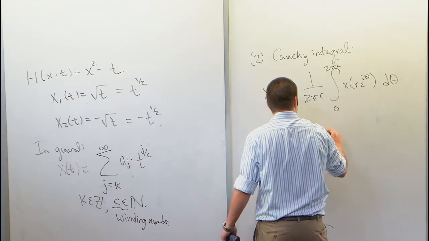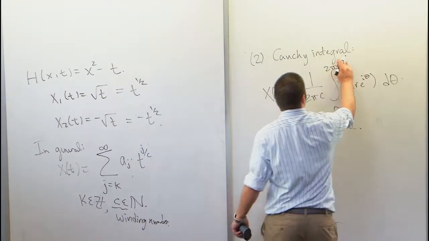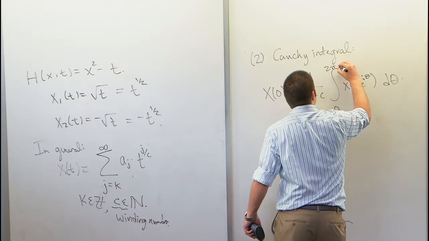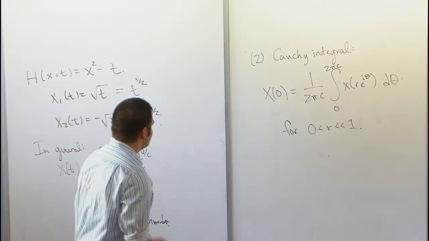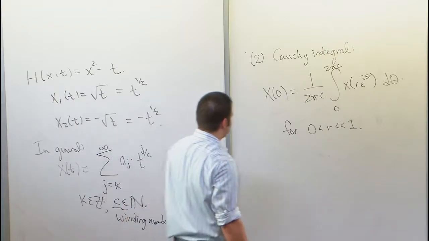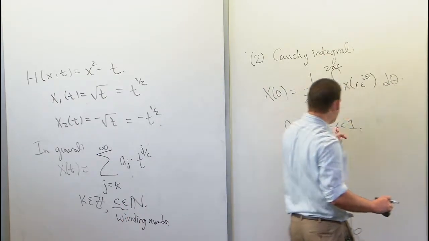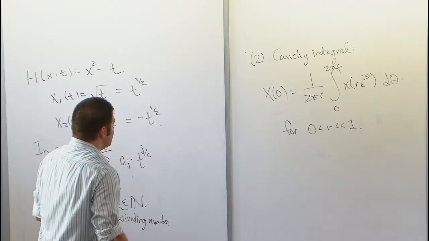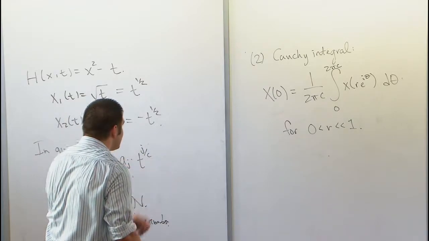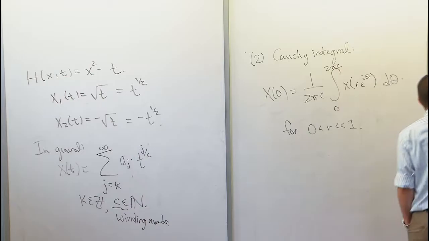I know this is true because it's on a small ball, so if my radius is sufficiently small, then I get this. Okay. So that's one way to approximate singular endpoints.